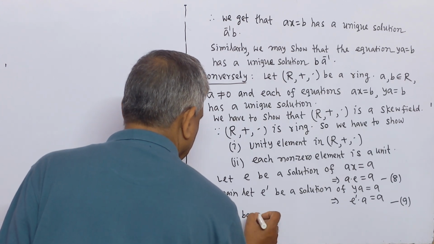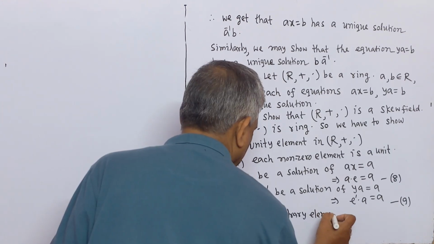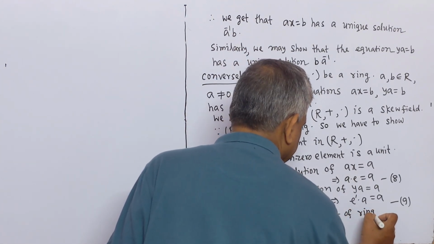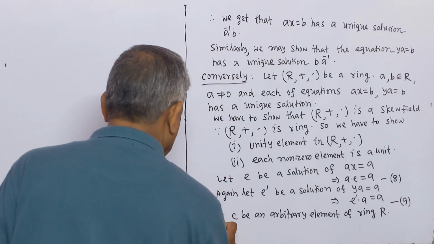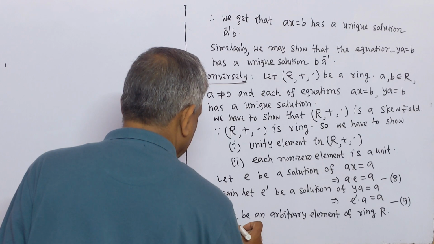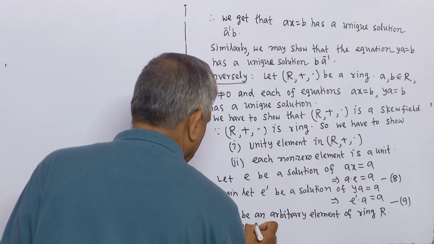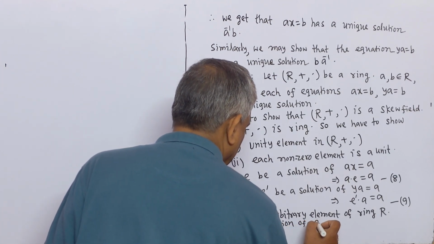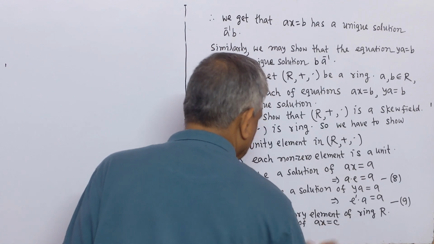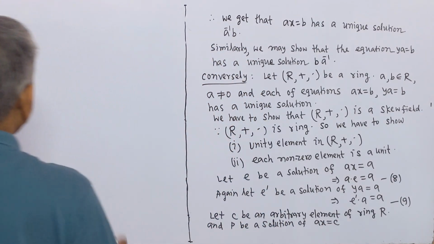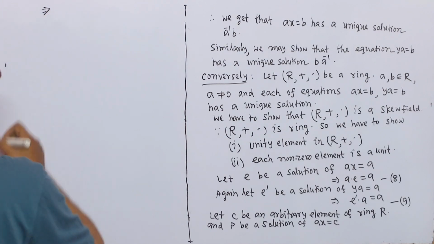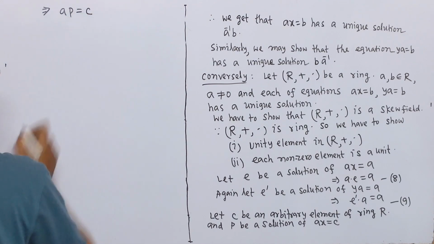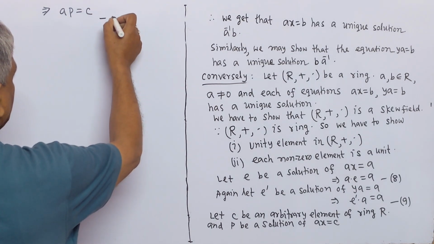Let C be an arbitrary element of ring R and P be a solution of AX equal to C, implies that AP equal to C. This is number 10.